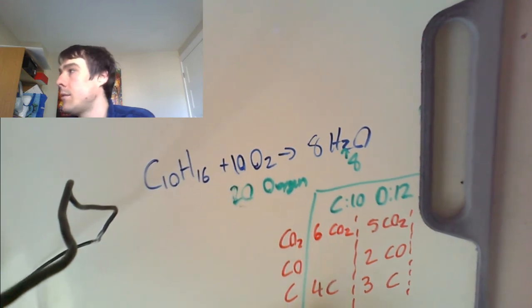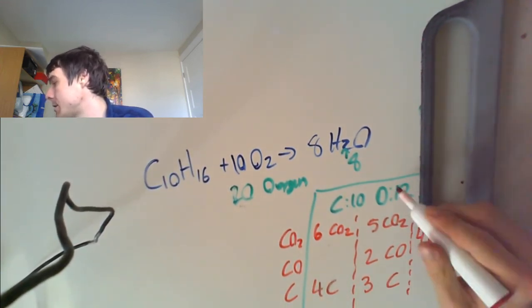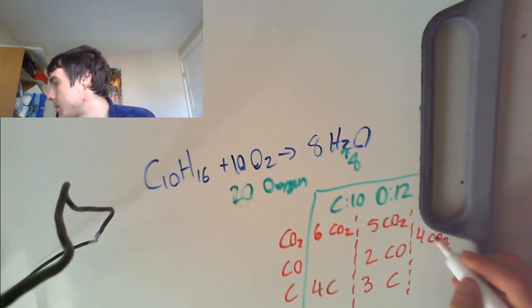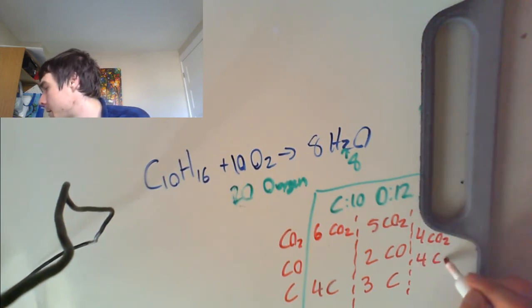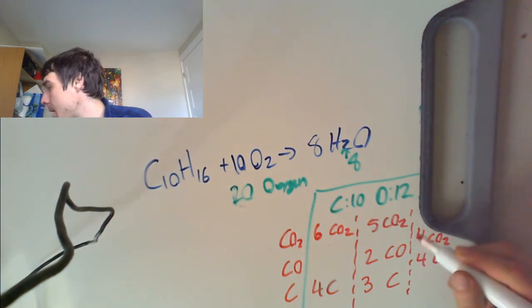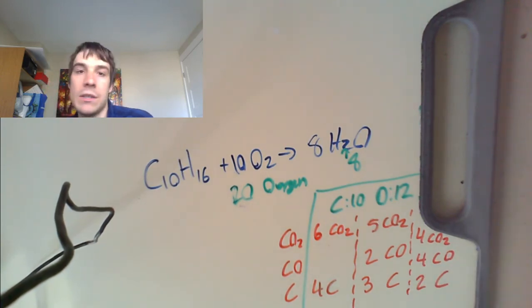We could also go 4 CO2s using 8 of our oxygens, leaving 4 behind for 4 carbon monoxides. Now we're using 8 carbons here, so we'll have 2 soot. That's another option.